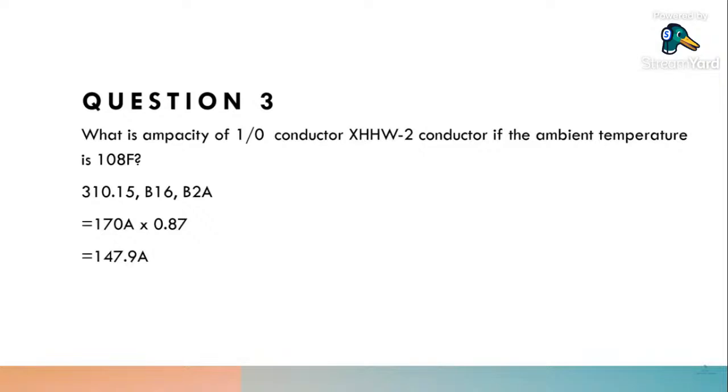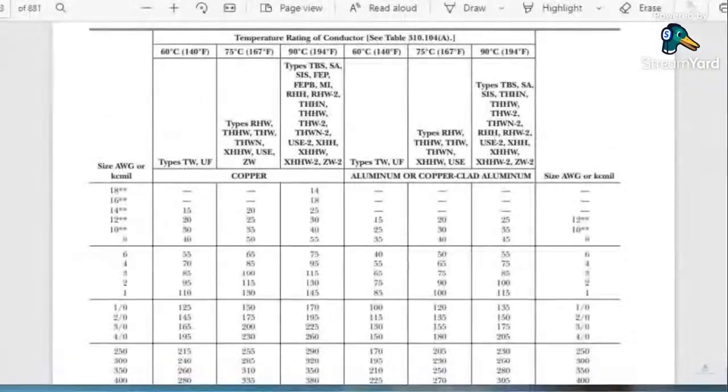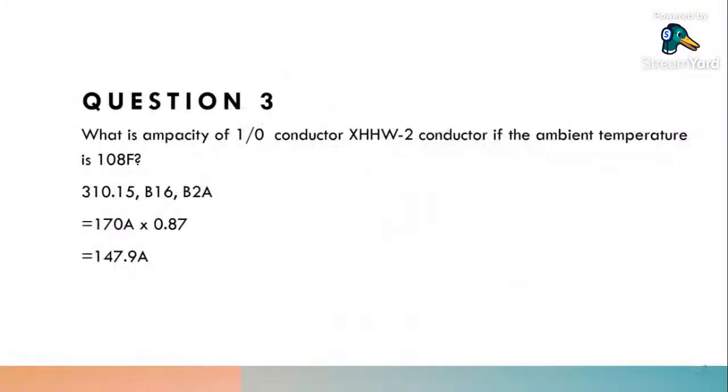So we're going to go back to Table 310.15(B)(16) as well as (B)(2). We're going to use these two tables to find the ampacity that is required for the XHHW-2 conductor.